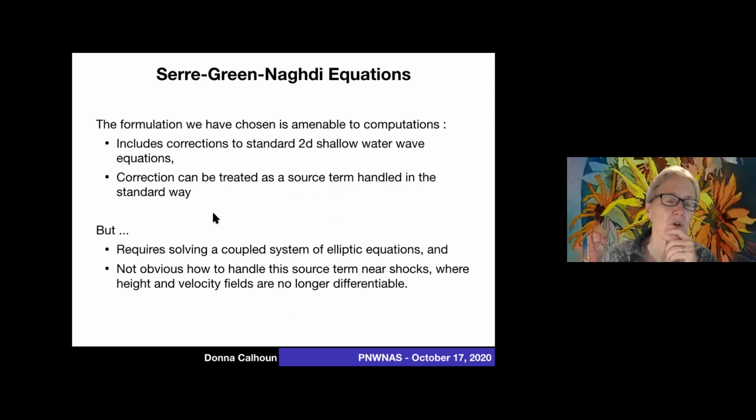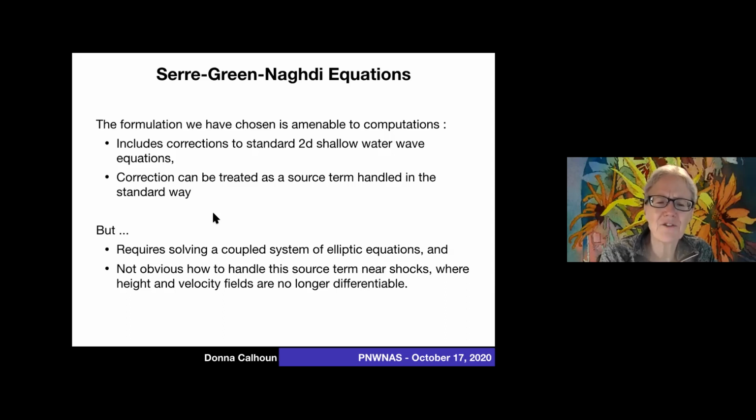There are several similar formulations of these equations, and I've chosen to work with this one. It's amenable to computation because it is formulated as corrections to the standard 2D shallow water wave equations, and the corrections can be treated as a source term handled in a standard way. The downside, of course, is that this particular formulation requires solving a coupled system of elliptic equations.